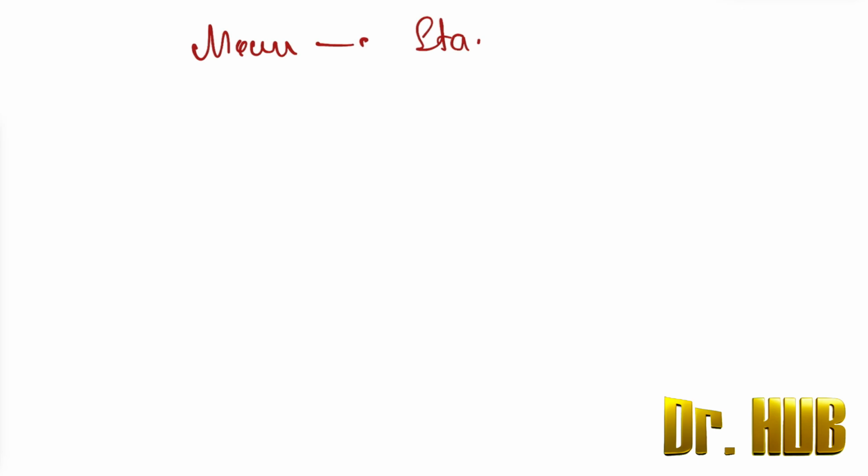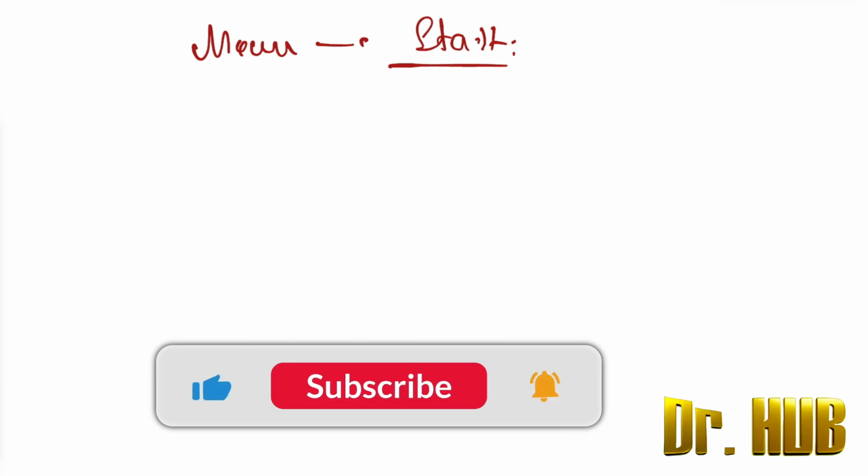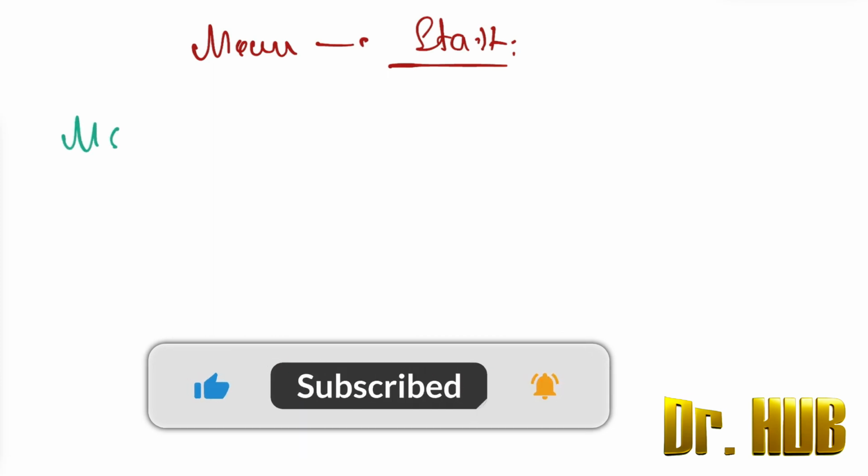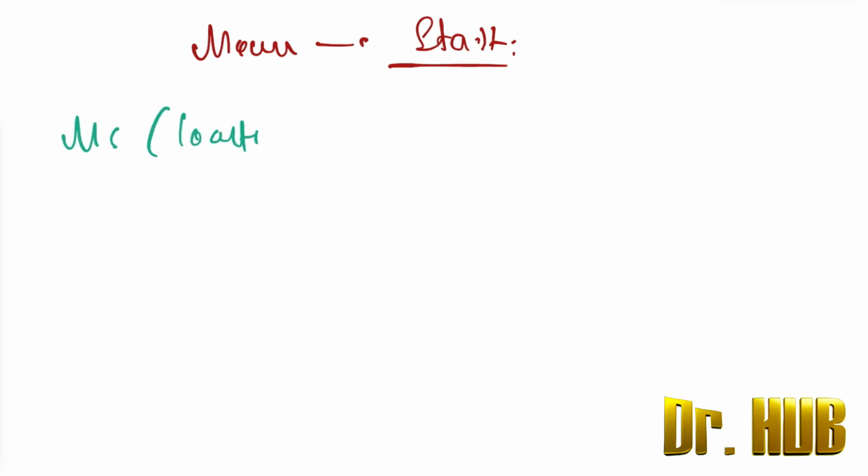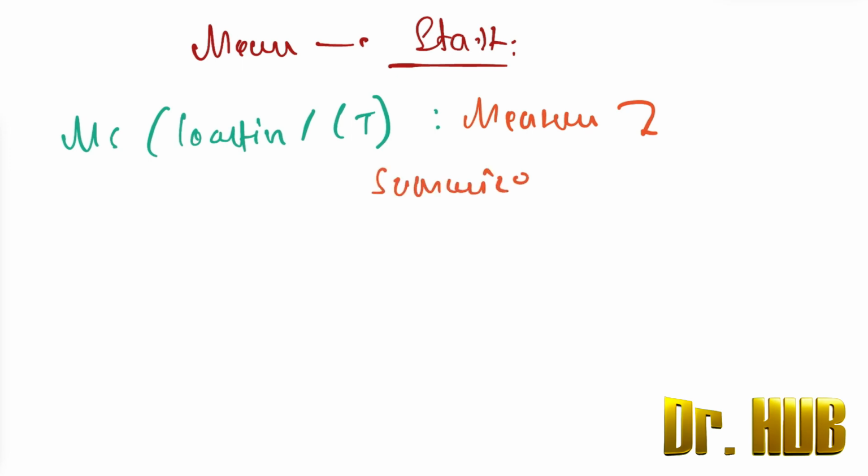Today we look at the measures in statistics. To begin with, let's look at the measures of location, or central tendency. What do we mean by this? How do you define it? These measures summarize the data by defining the central or middle value.